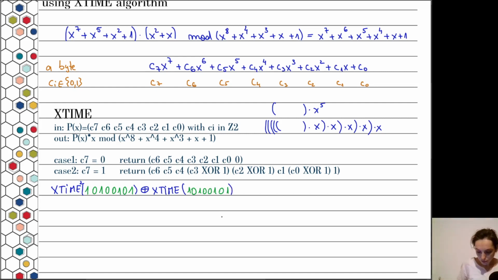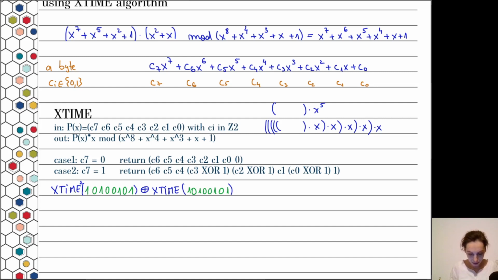Okay, so again we want to multiply these two polynomials. Due to the fact that the power here is 2, we will apply XTIME 2 times, just like in this example. This is 5 times, but we will apply it only 2 times.